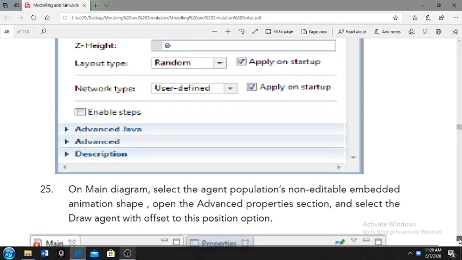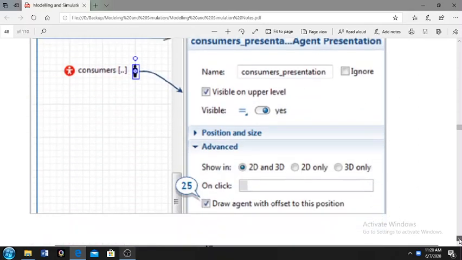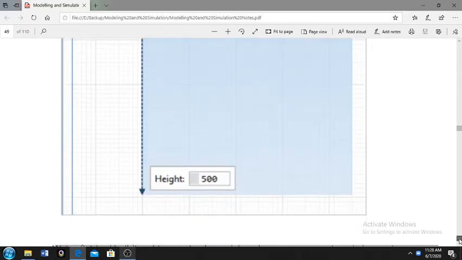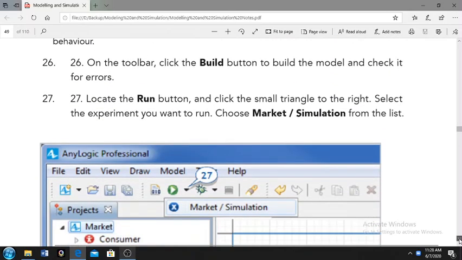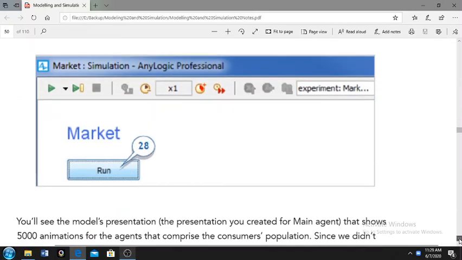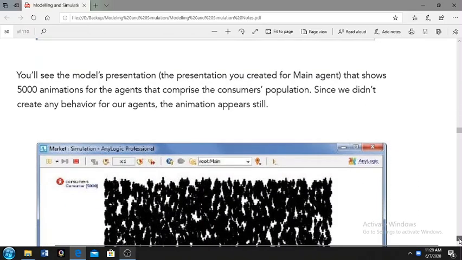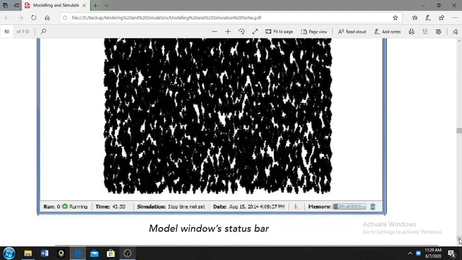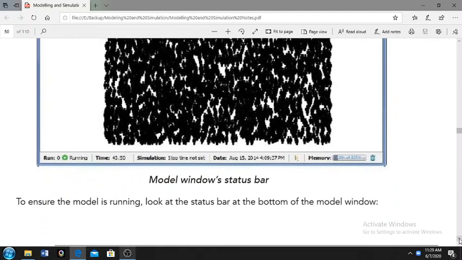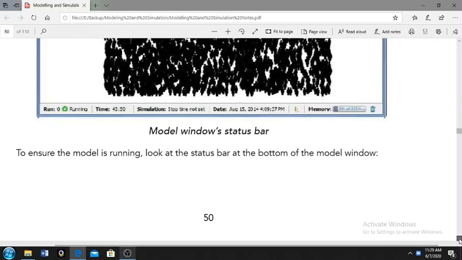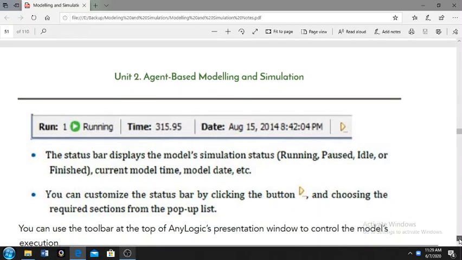So phase 1 is still going on. It looks a bit long because my Zoom is huge, but it's not very huge. Here you can run the market simulation, and you see how people enter the market. So this is a business simulation.